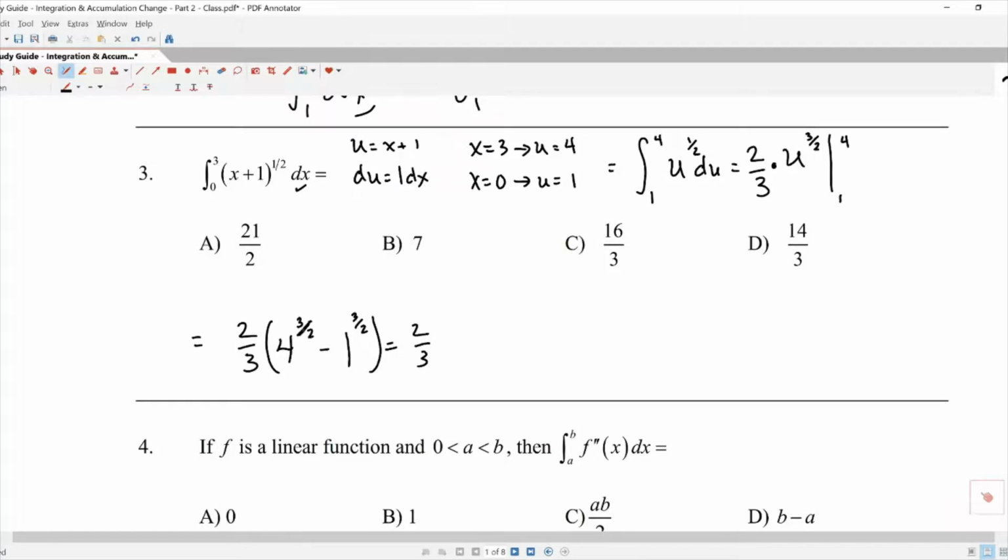Remember, the power of 1/2 is the square root, and then we're cubing it. So the denominator of 2 implies we're taking the square root of this. So it's the square root of 4, which is 2, cubed, which is 8, minus the square root of 1, which is 1, cubed is 1. 8 minus 1 is 7, times 2/3 is 14/3.